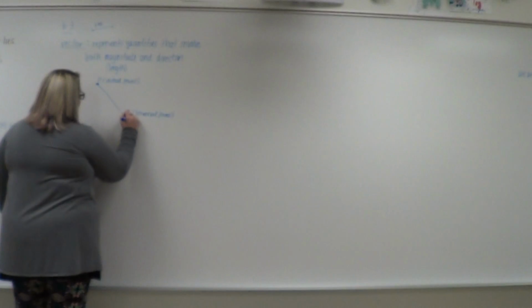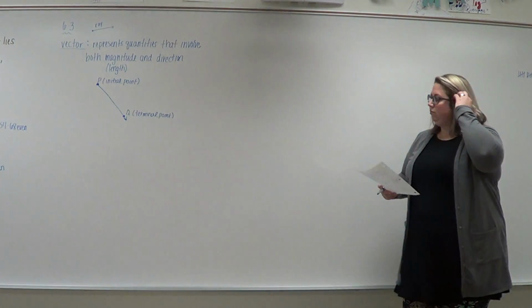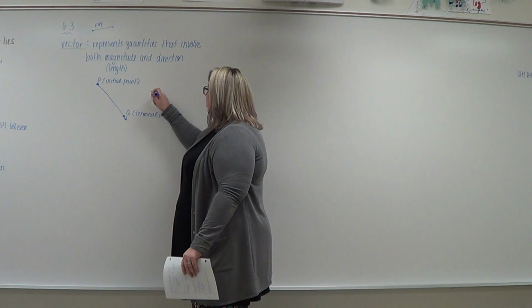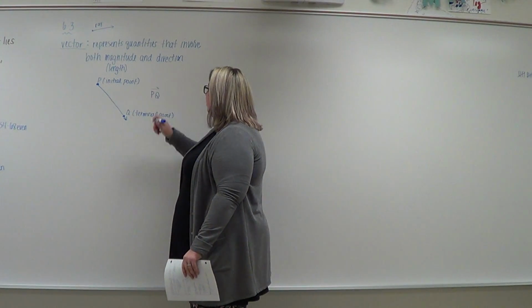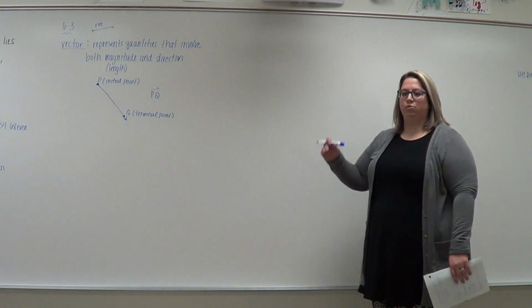It usually has an arrow, sometimes a half of an arrow. So how this would be labeled vector-wise is PQ, with a half arrow on top. And the arrow always goes towards where the vector is going, so it goes from P to Q.